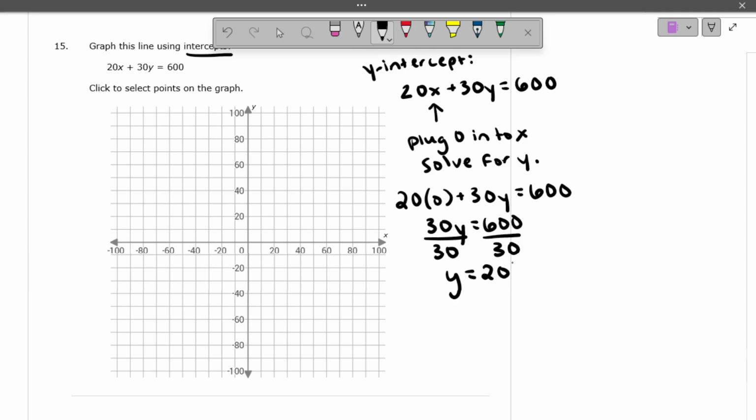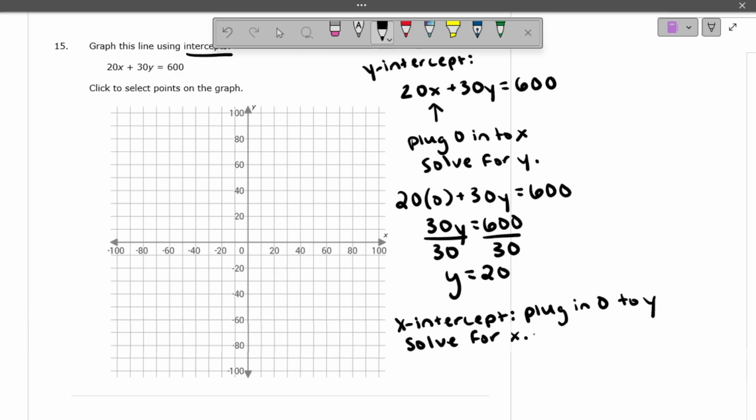And then to get our x-intercept, we plug in 0 to y, and then solve for x.